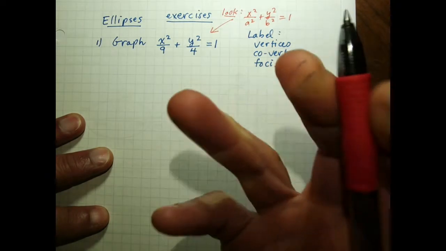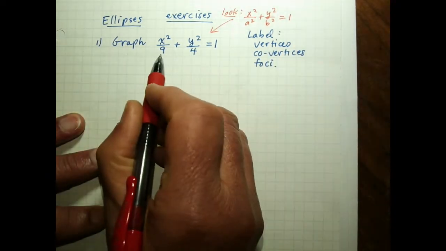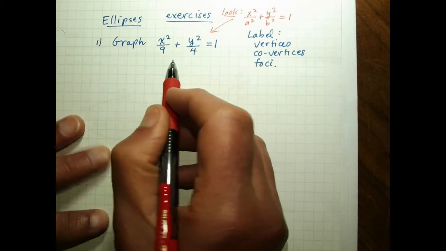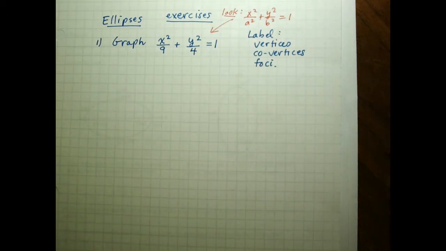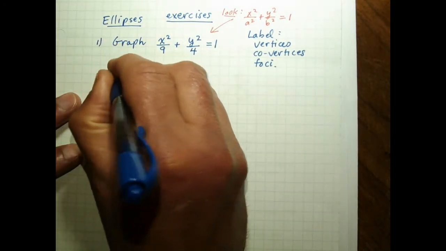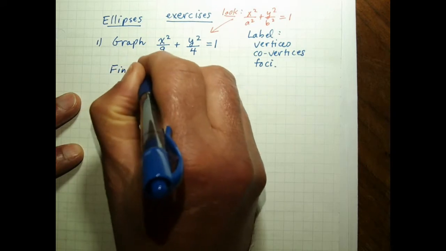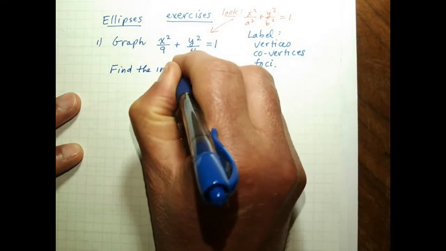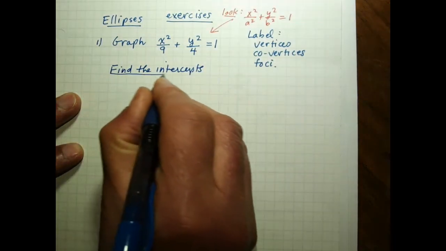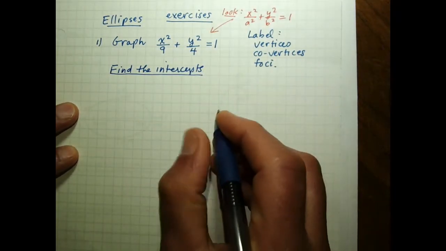So it has that look of the general form of the equation of an ellipse. So you should feel like, yep, I think this is an ellipse that I'm about to start graphing. Our process for graphing an ellipse is always going to start out with finding the intercepts. And really the intercepts are going to be our basis for drawing the graph.